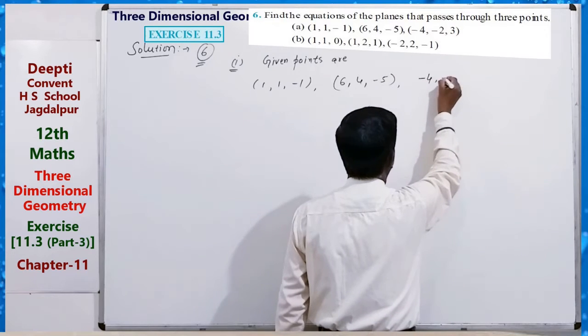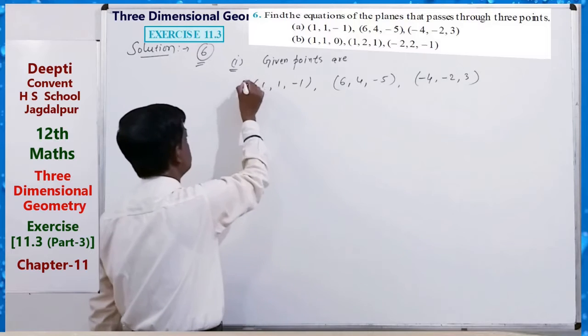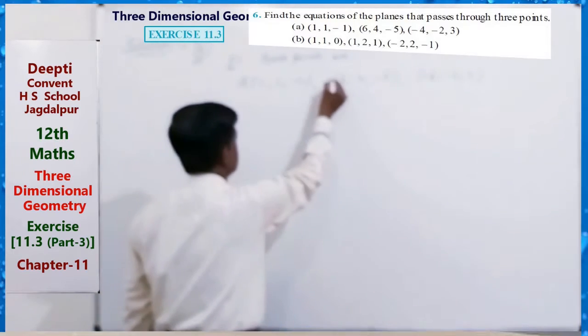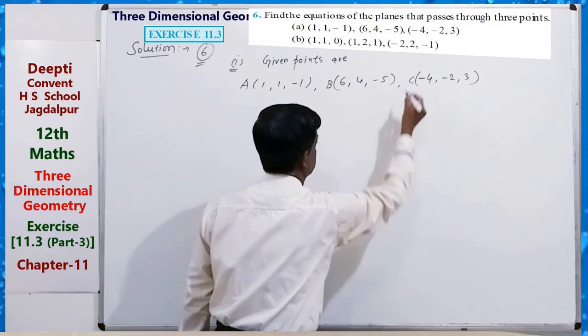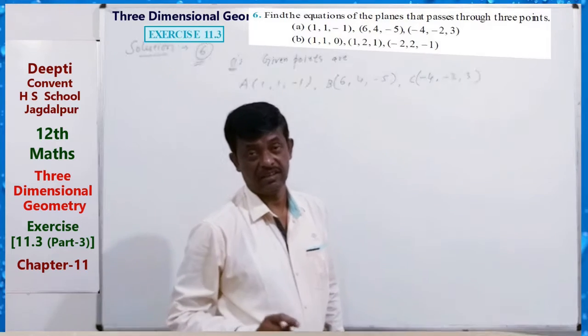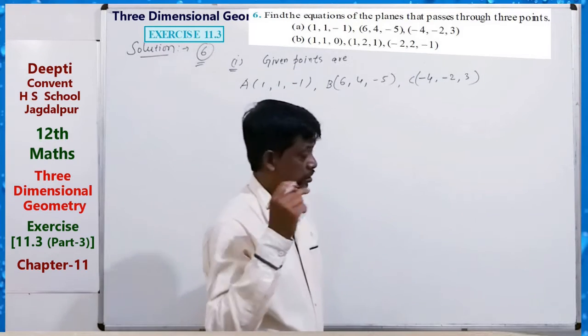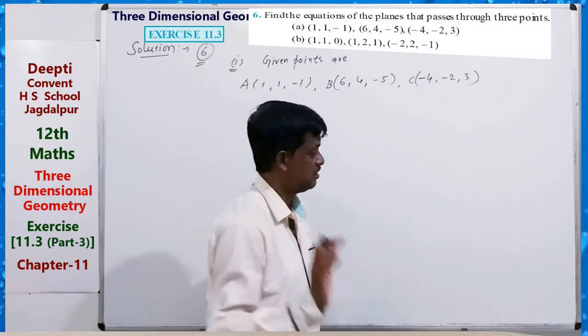Suppose we have to find the equation. First of all, we have to check whether the 3 points are collinear or non-collinear.